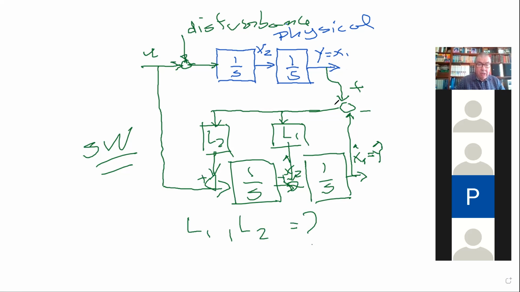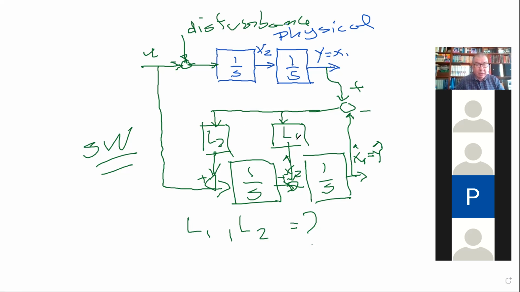And if L1 and L2 are convenient, later we are going to learn how to design L1 and L2 in a systematic way. If L1 and L2 are convenient, then what happens is that this error corrects the estimates. If the estimated output is very close to the true output, then this error is 0.